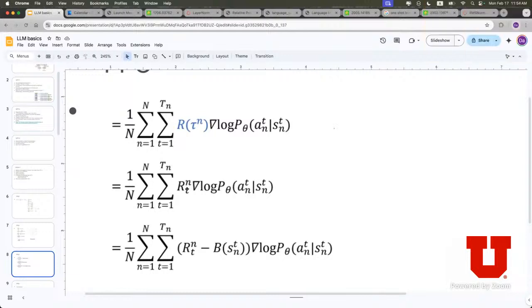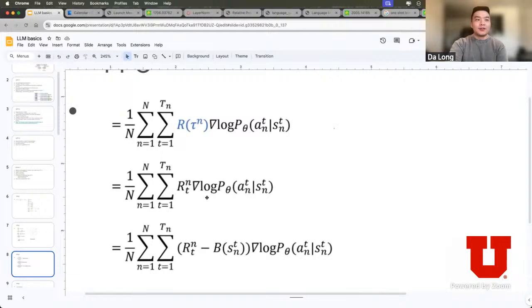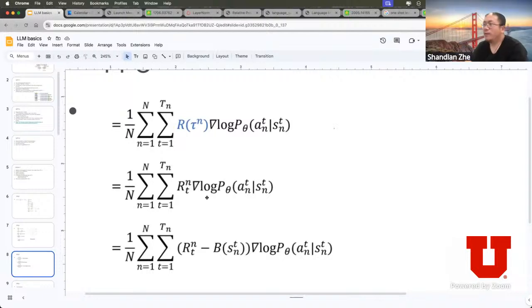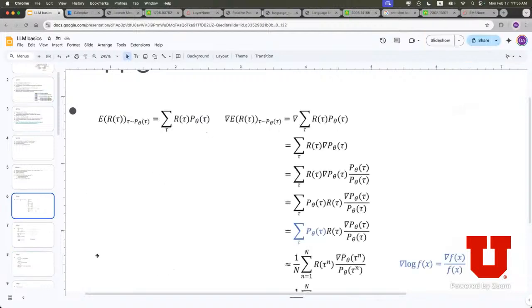I think this is called the reward to go. Basically, it's trying to reduce the variance. You need to first give a definition: the reward is defined on the whole trajectory, or starting from this time point until the very end as the accumulated reward. I think this is a historical problem.